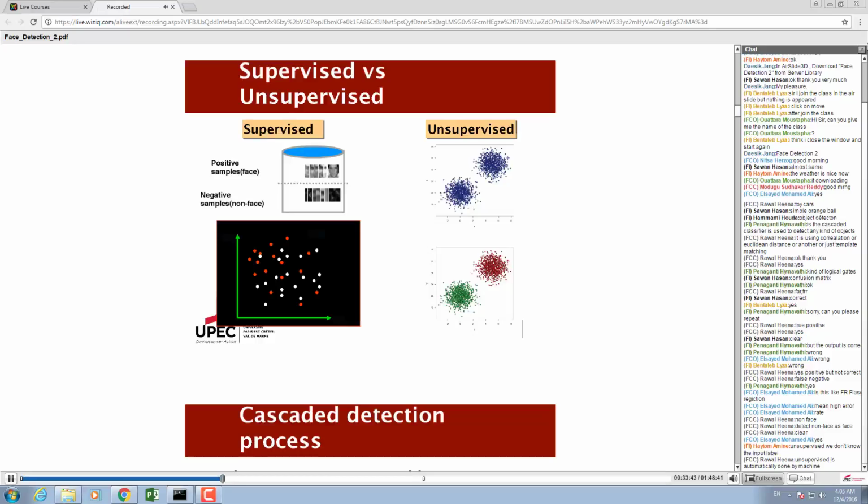So when you say automatically done, the labels are not given by the user or engineer, by people, and the system is trying to give the label automatically. Okay. Yeah. That's good. So in case of supervised, as you said, we are giving the label.